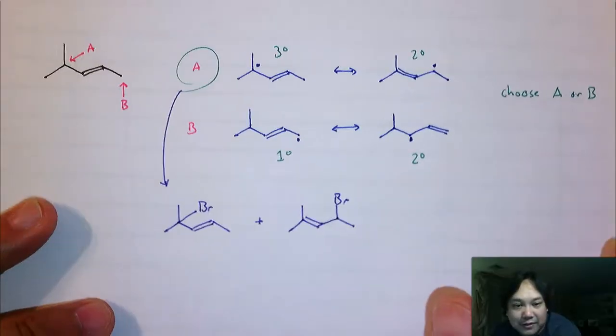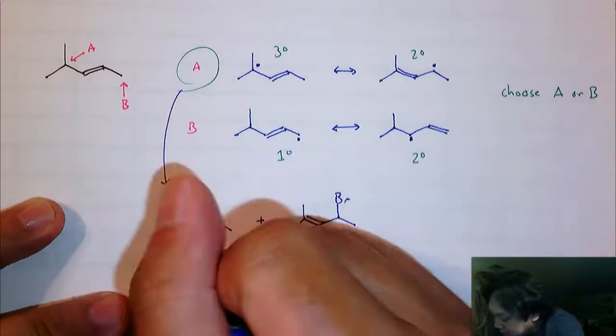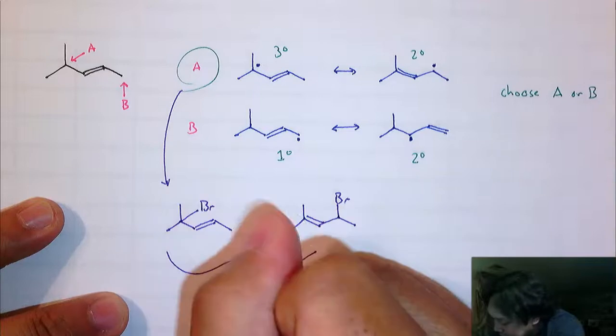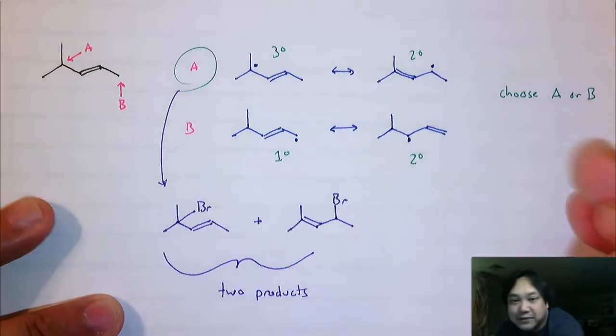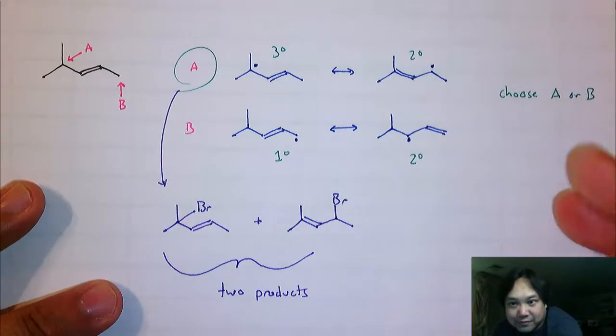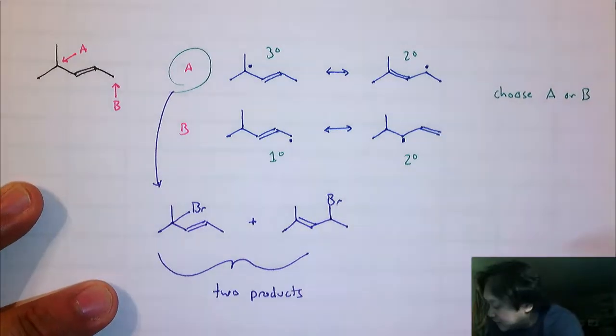Those are my two products, and they're coming from the more stable radical. This is the more stable radical.